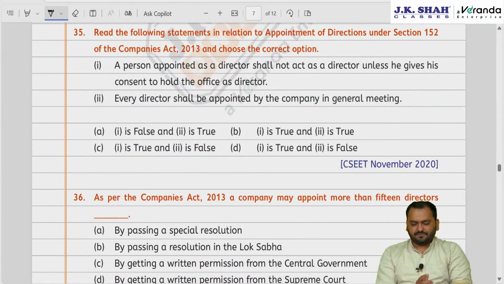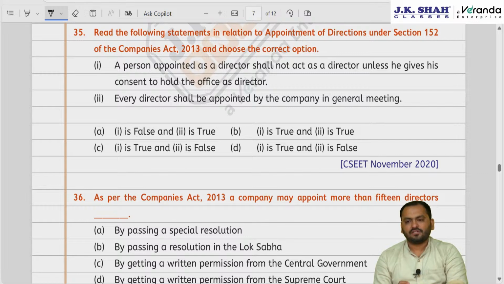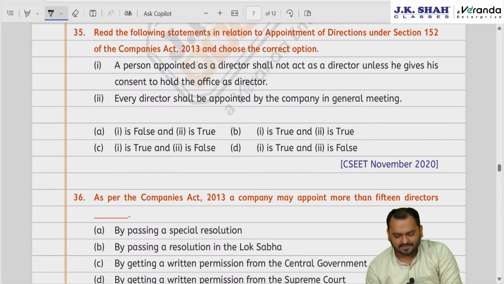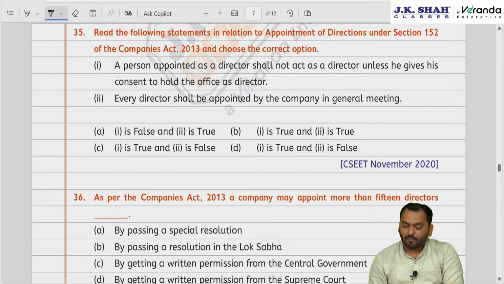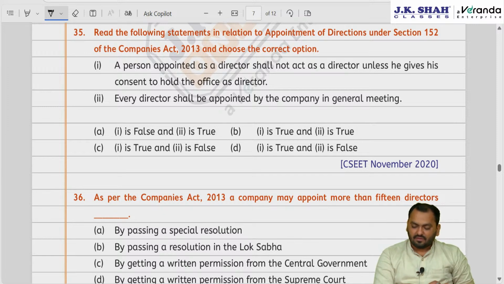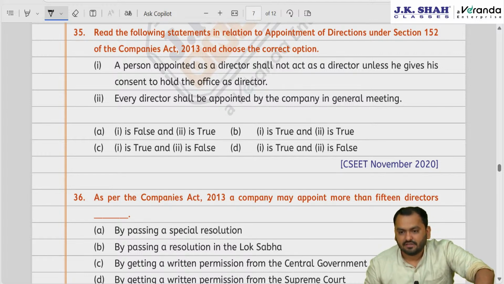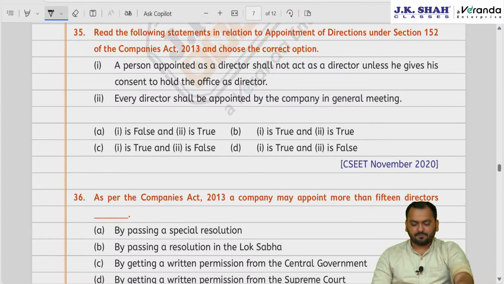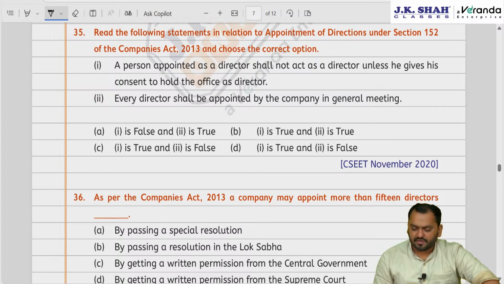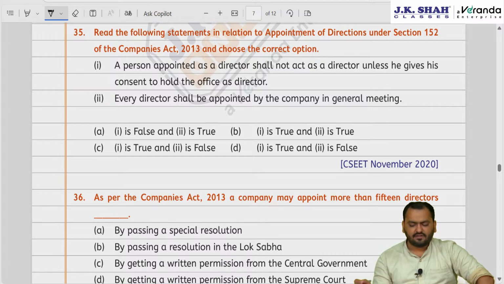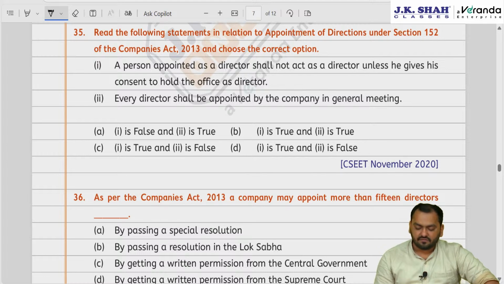Next question: read the following statements in relation to appointment of directors under section 152 of Companies Act 2013 and choose the correct option. A person appointed as a director shall not act as a director unless he gives his consent to hold the office.